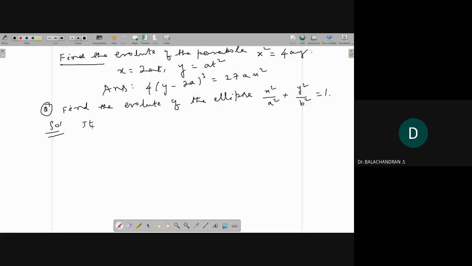Okay, these are the parametric equations.